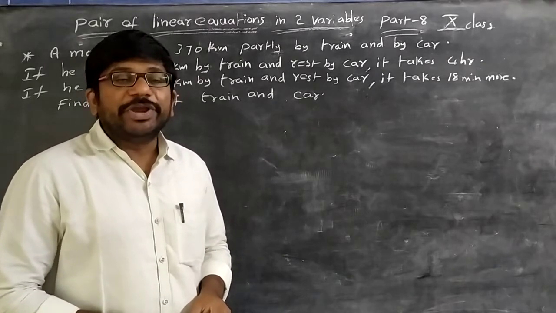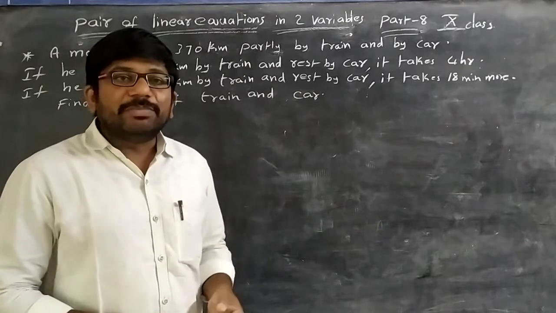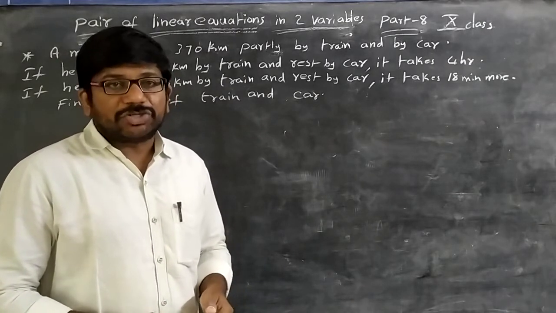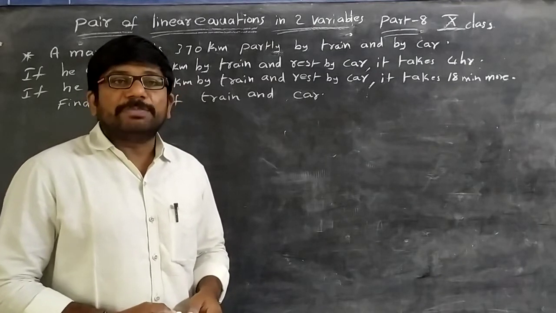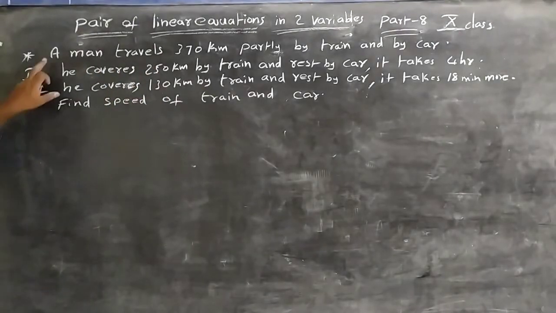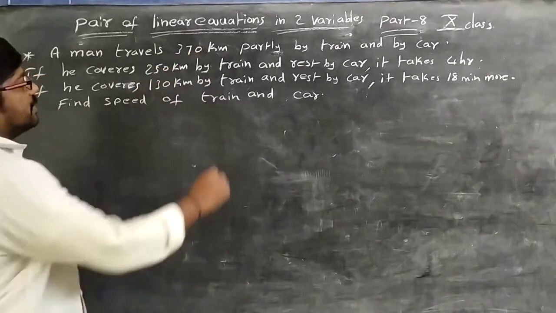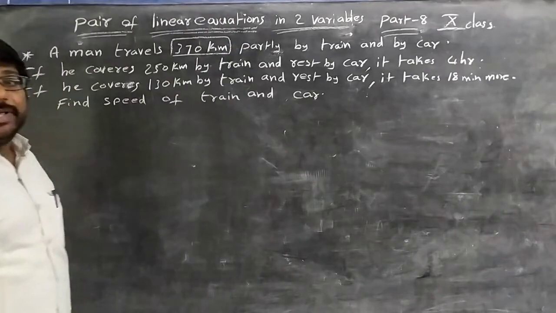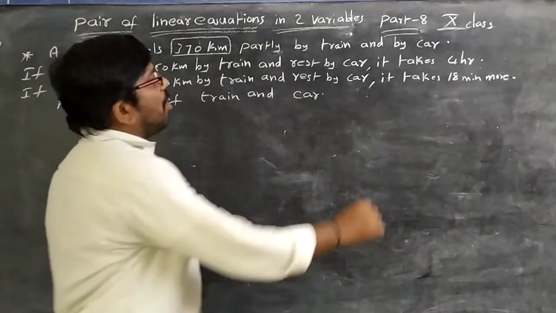In this part, we discuss some word problems on time and work, and speed, distance, time. These are very important problems. Observe carefully. A man travels 370 kilometers, so the total distance is 370 kilometers, partly by train and partly by car.